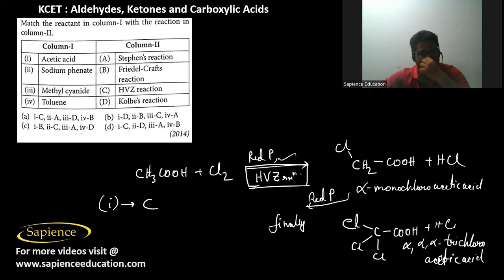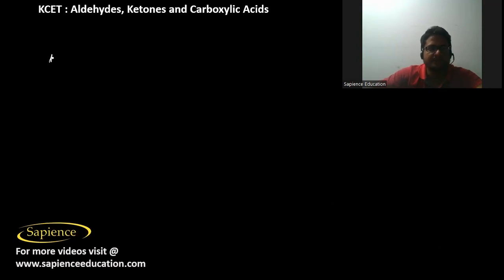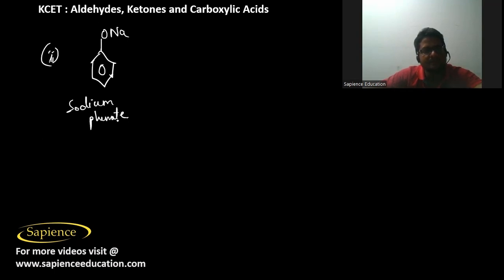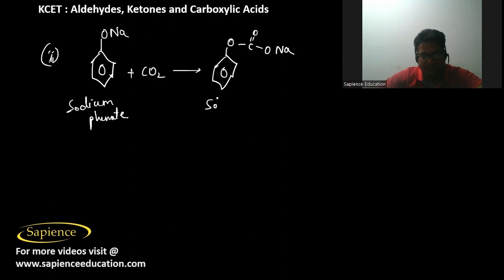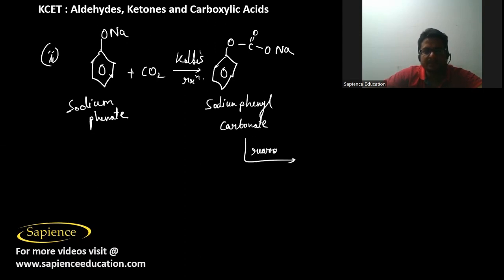Then the second one is sodium phenate, ONa. It will react with CO2 to produce sodium phenyl carbonate, OCOONa, which is called the Kolbe reaction. Then there will be rearrangement to form sodium salicylate.